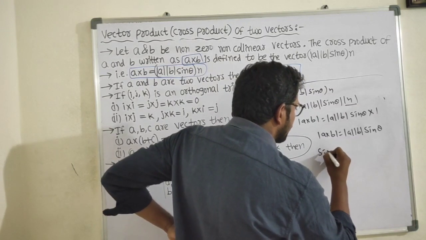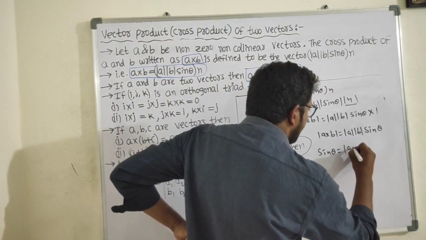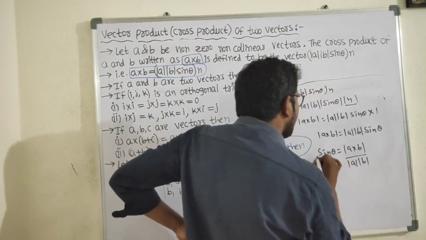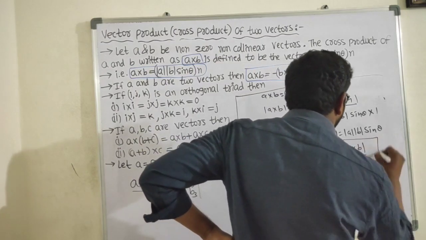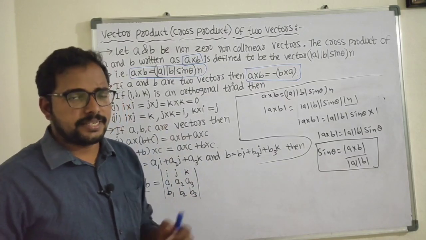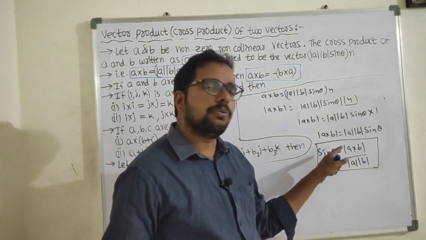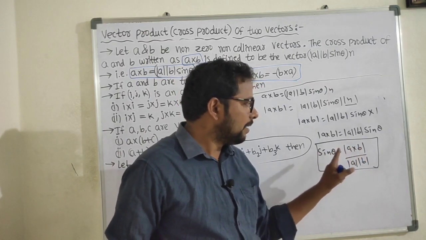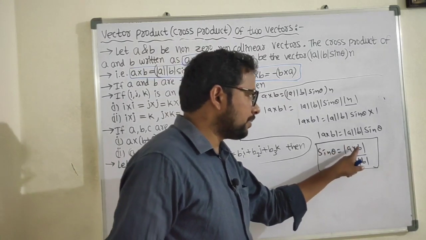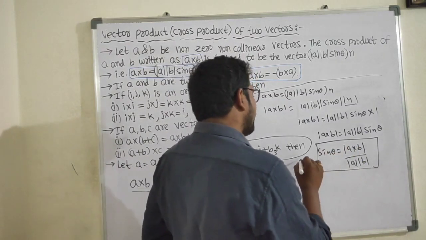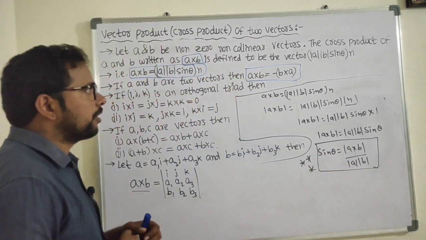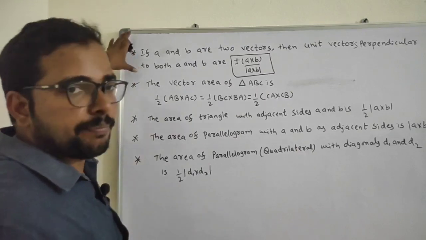Sin theta is equal to mod A cross B by mod A mod B. This is the angle between two vectors formula. We use this formula to find the angle between two vectors in cross product. Very, very important formula.